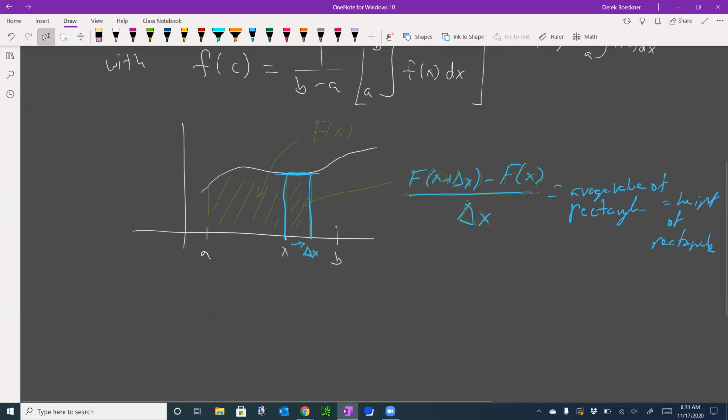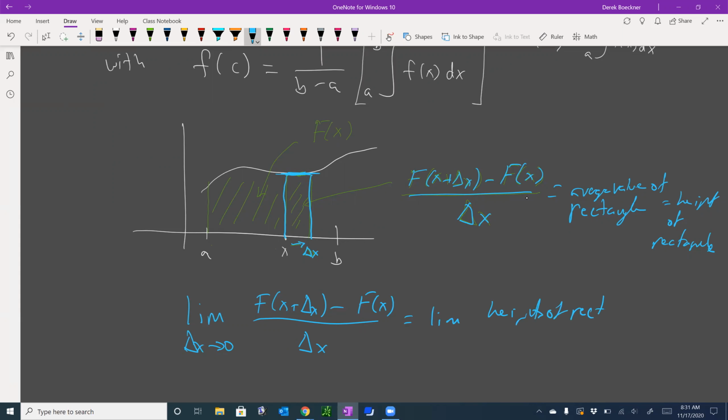Okay. And then the limit as delta x goes to 0 of F of x plus delta x minus F of x over delta x. This is the limit of the heights of rectangles as their widths go to 0.